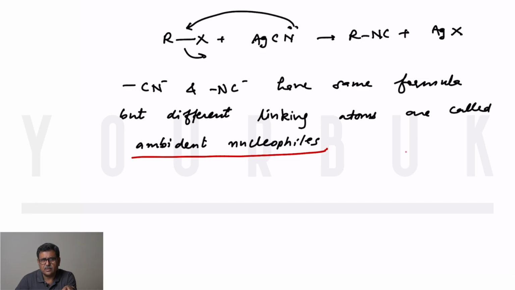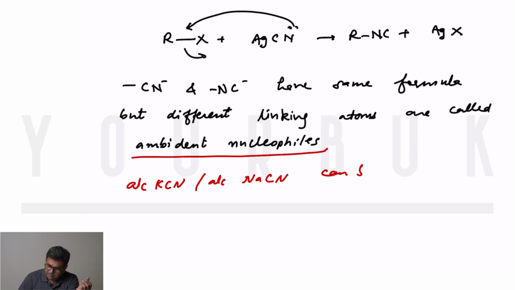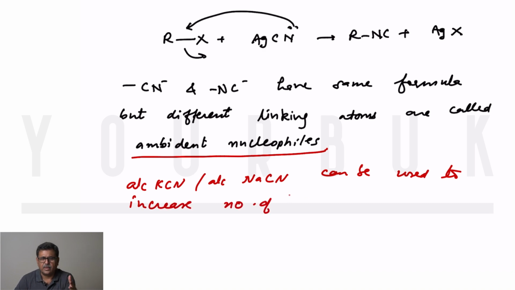But using cyanide is a very good method to increase the number of carbon atoms. So alcoholic KCN or alcoholic NaCN can be used to increase carbon atoms. I can step up. I can change my chloromethane into chloropropane. I can change my ethanol into propanol. The number of carbon atoms increases.